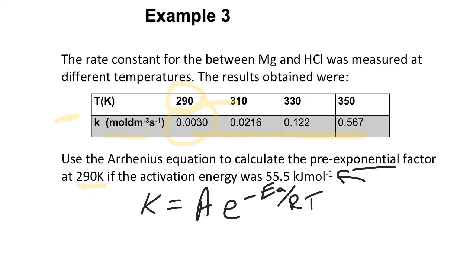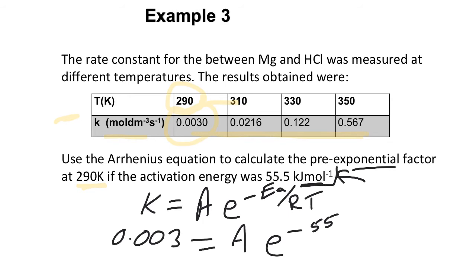Okay, so k is given, so I'm going to put the k here, 0.003. We want A e to the power minus 55. Remember, this is given in kilojoules, and these are possible errors people do make.